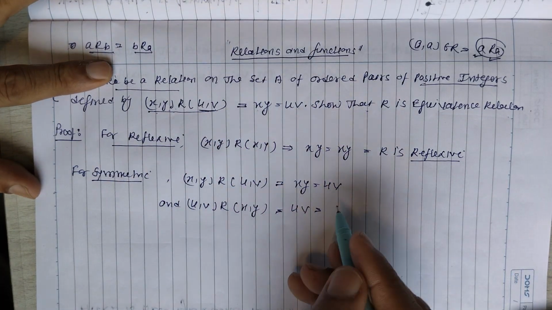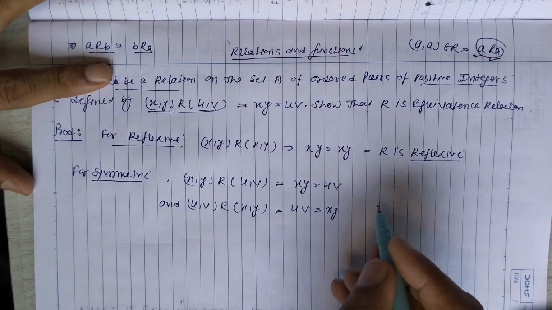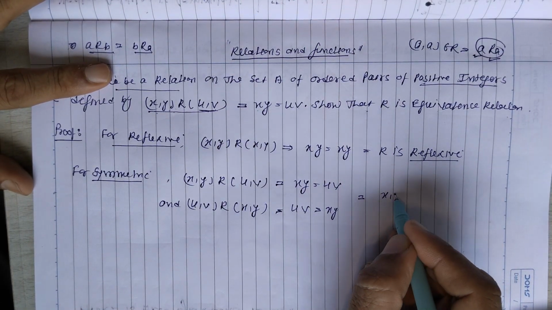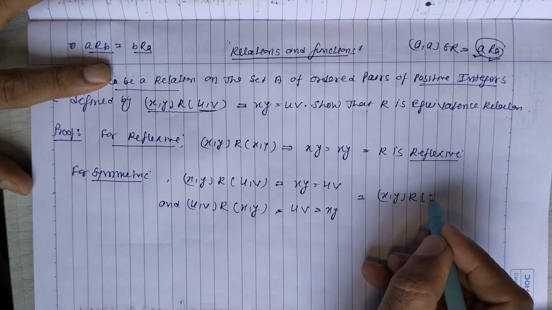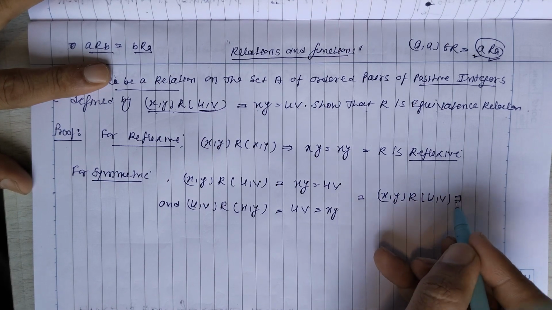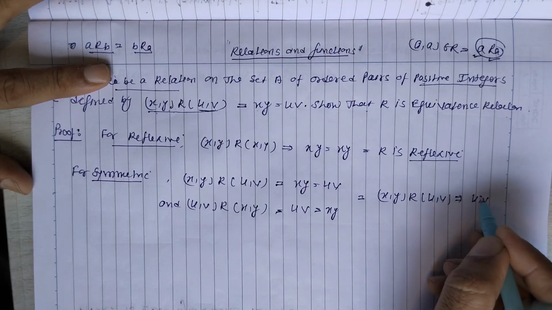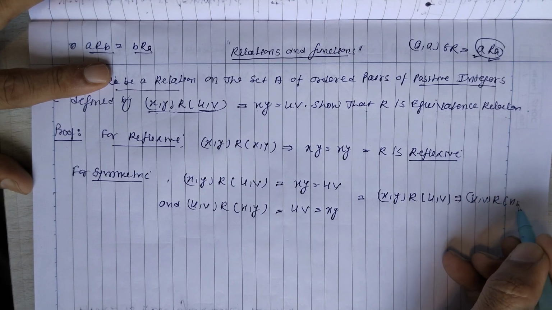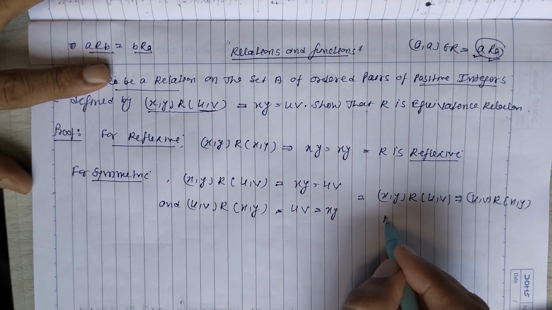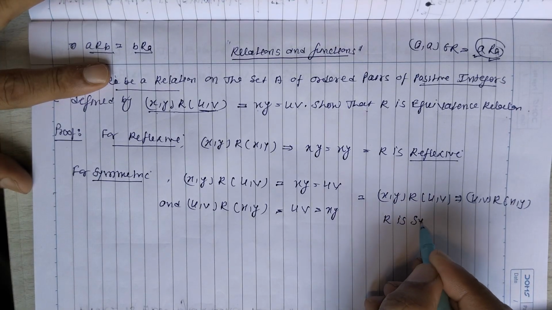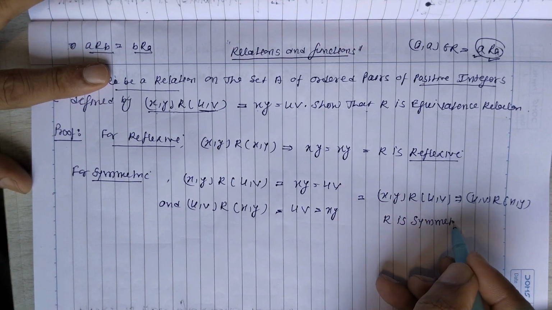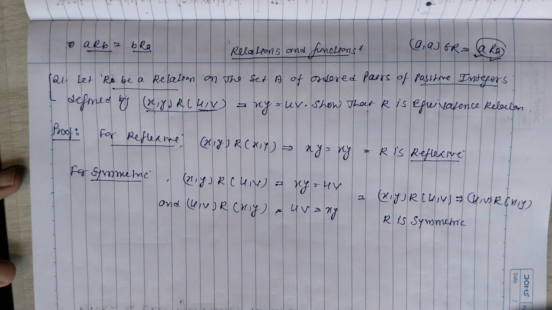So therefore uv is equal to xy. Both are equal, which implies that (x, y) related (u, v) implies that (u, v) related (x, y). A related B implies that B related A. Then R is symmetric.